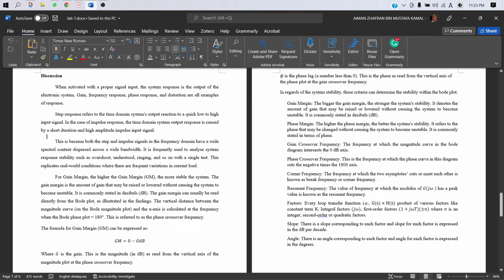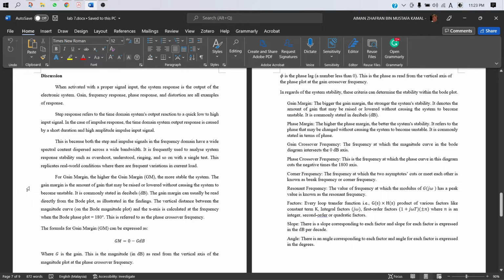This is because both the step and impulse signals in the frequency domain have a wide spectral content dispersed across a wide bandwidth. It is frequently used to analyze system response stability, such as overshoot, undershoot, ringing, and so on, with a single test. This replicates real-world conditions where there are frequent variations in current load.